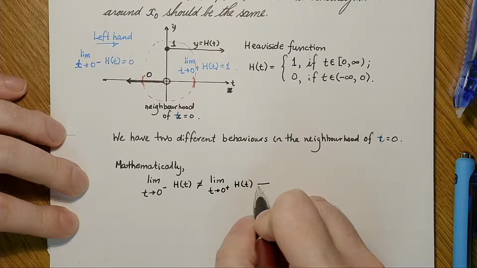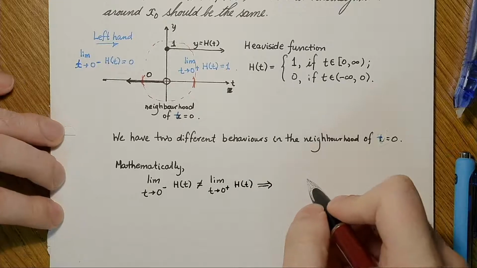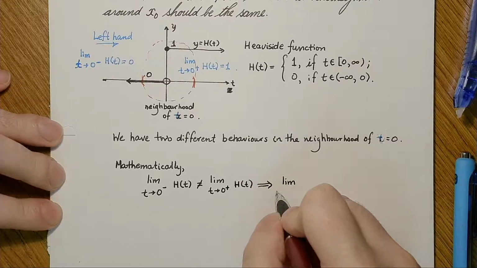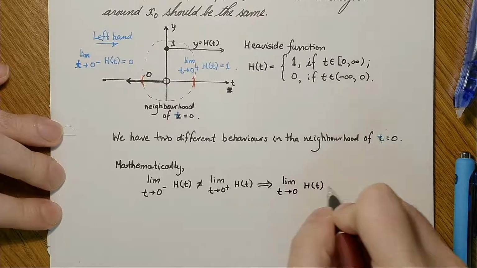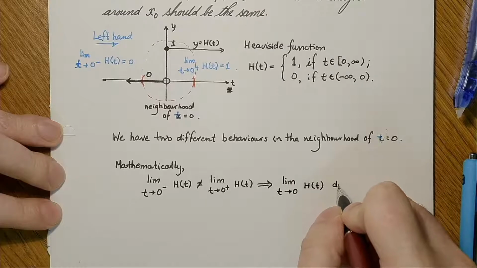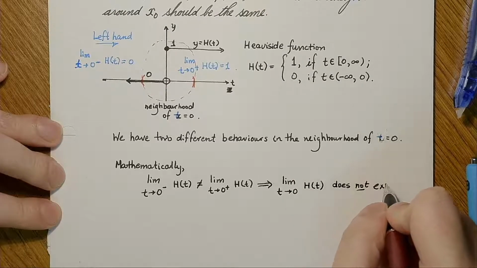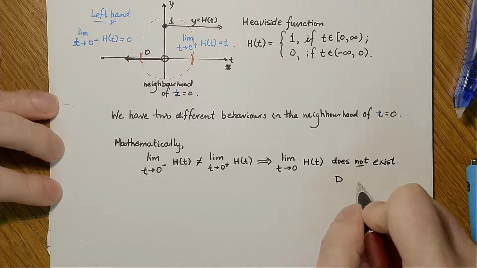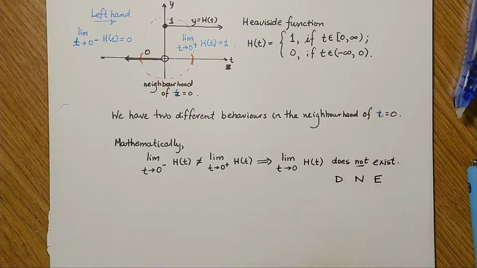This implies there are two different behaviors around t equals 0, so the limit of t approaching 0 of h of t does not exist. Some people will use the shorthand DNE to stand for does not exist.